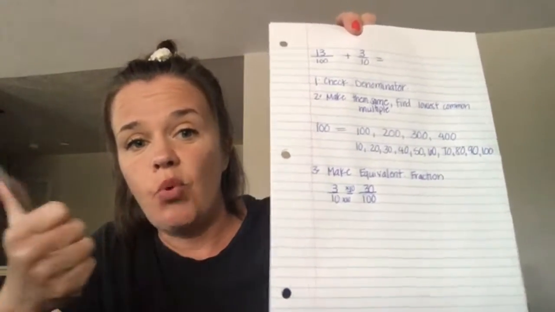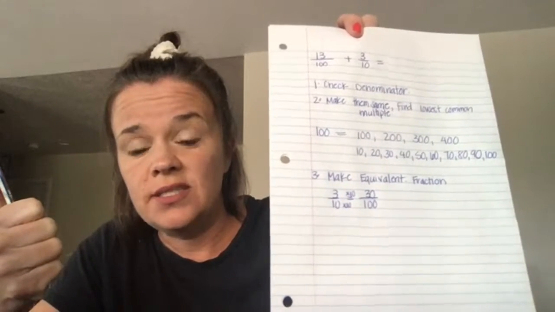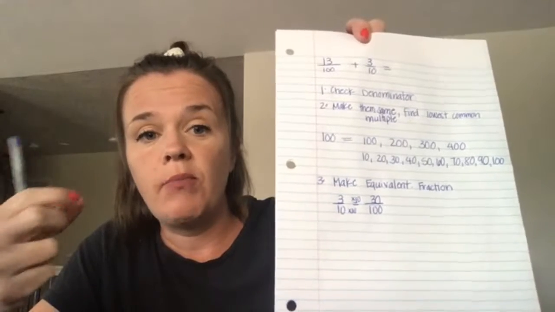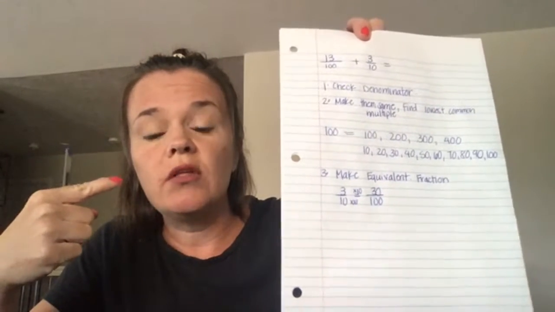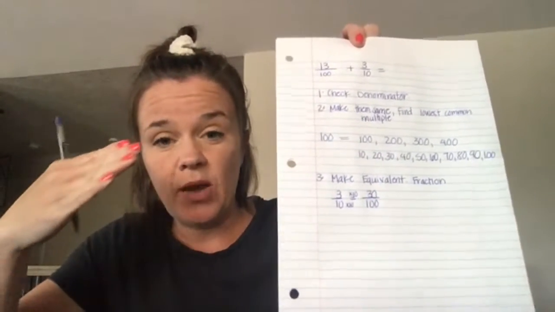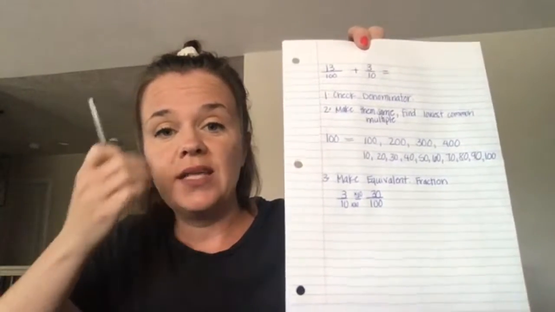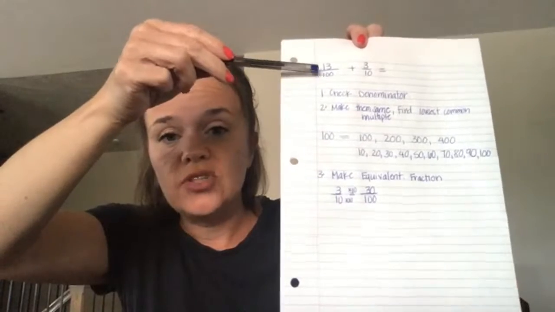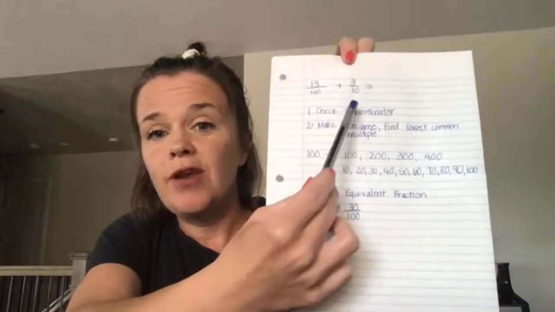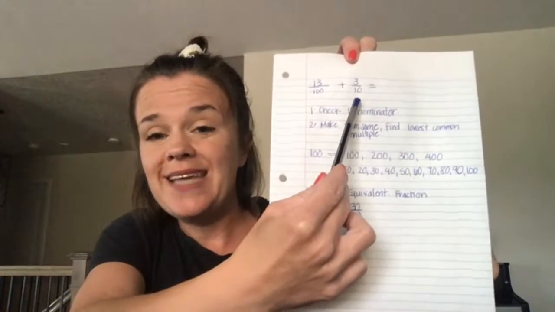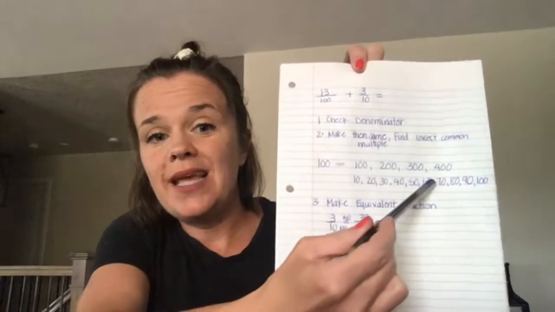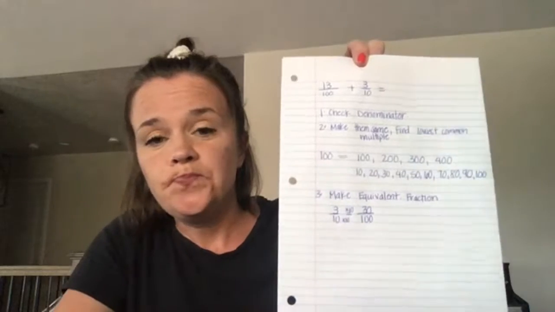So step 1, check your denominators, right? Step 2, make them the same by finding a lowest common multiple. So what you're doing with a lowest common multiple is you're skip counting by that number, okay? So if your denominator was 100, you would count by 100s. If your denominator is 10, you would count by 10s until you get a number that's the same for both, okay?